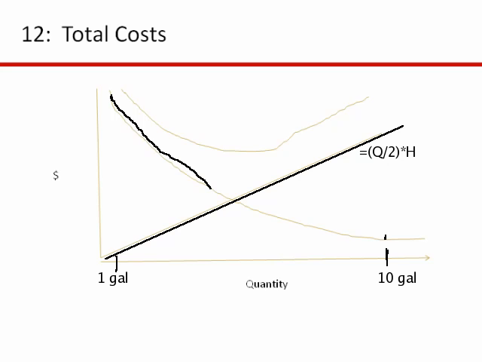So if we look at how the amount of ordering varies over the quantity, we can see that it starts really high with low order sizes and ends up low with big order sizes. All right. So this kind of exponential looking curve is the order cost.